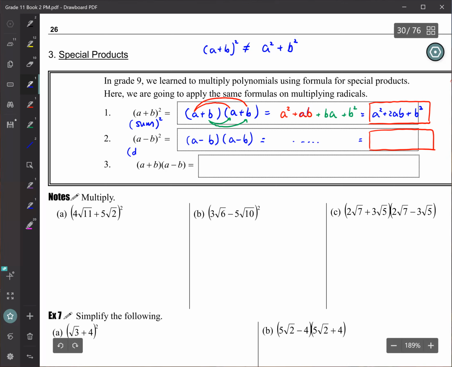Difference means subtraction, so difference squared.